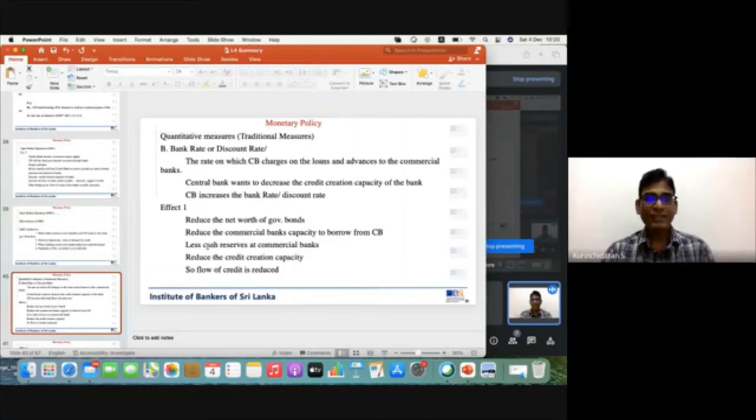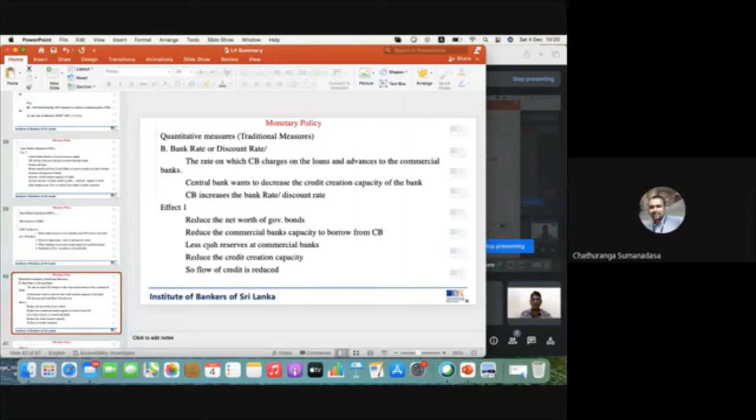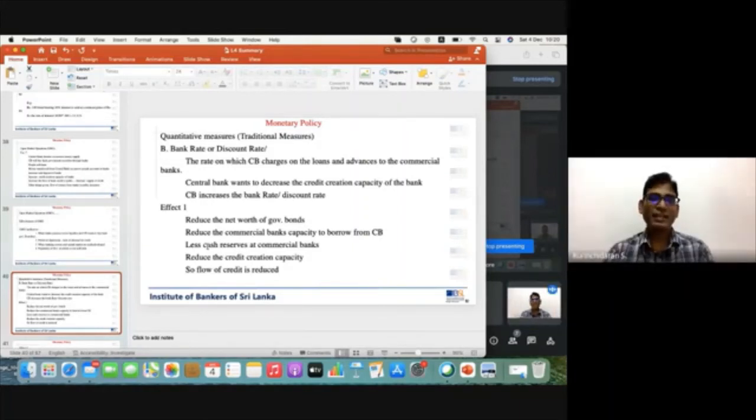When the central bank increases the rate, what would be the effect? Keep in mind the bank rate means the rate at which the central bank is going to lend to commercial banks. So if the central bank increases the bank rate, the effect would be, first, to reduce the net worth of government bonds, because now the market rate increases.